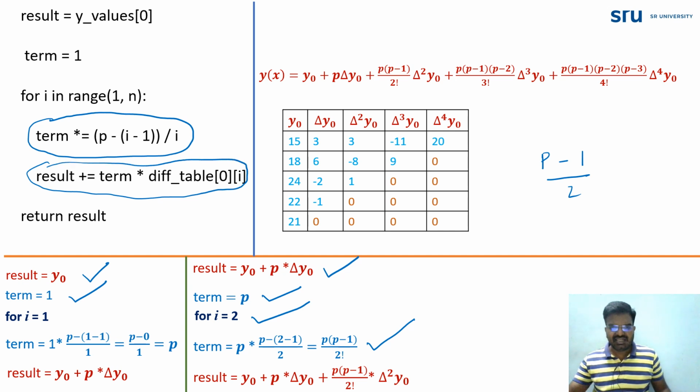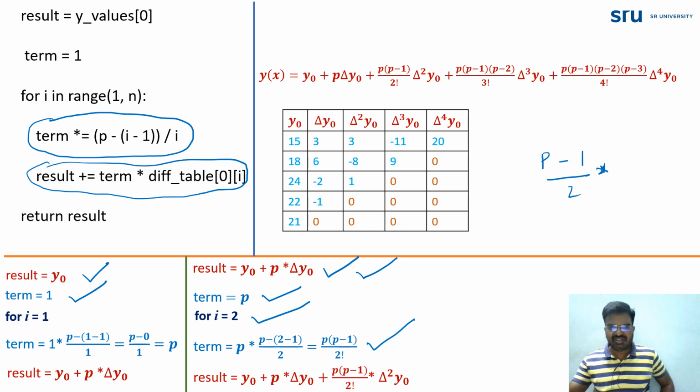See, the result is y naught plus P delta y naught. Now we are adding the new term to the result. Before adding the new term to the result, we are multiplying this P minus 1 by 2 with the new difference value. What is the difference value?